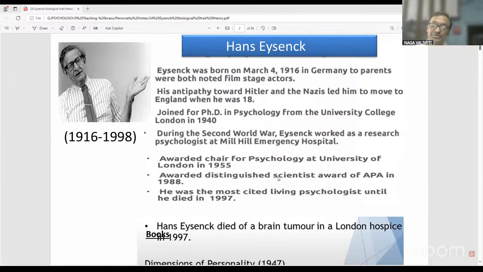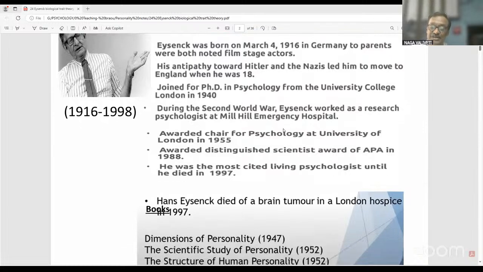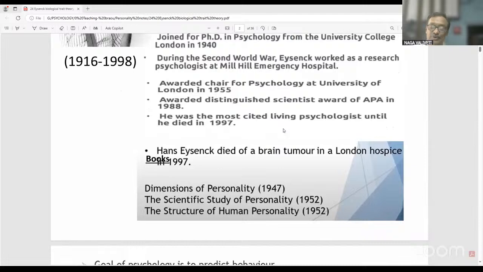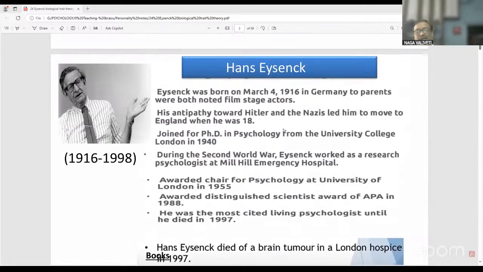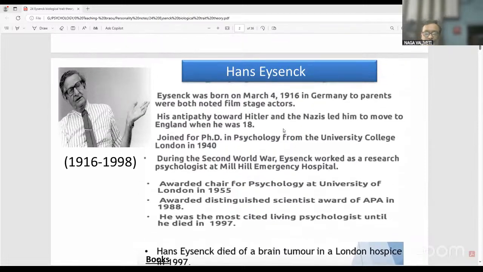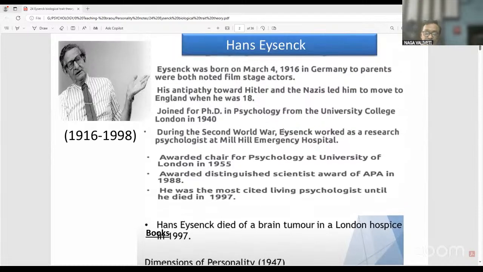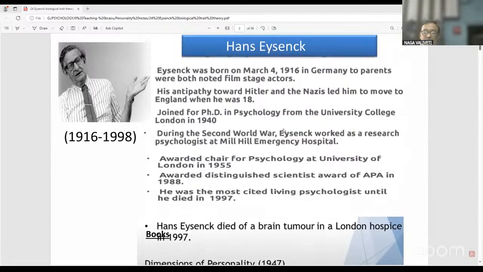These are the types and traits given by Cattell and Allport combined with the nervous system and hormone system, the neurohormonal system.